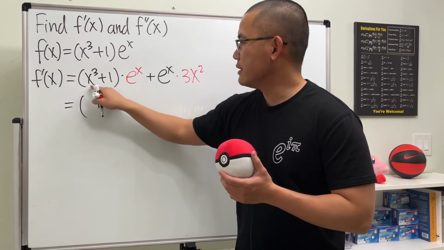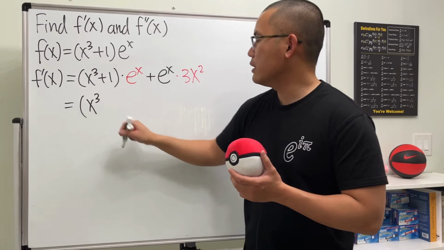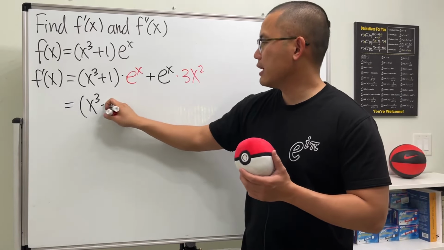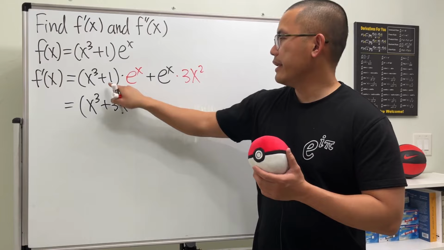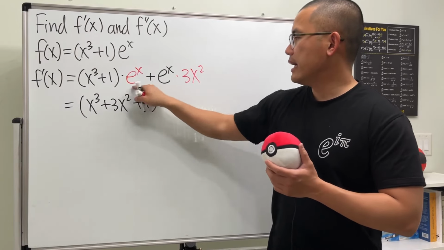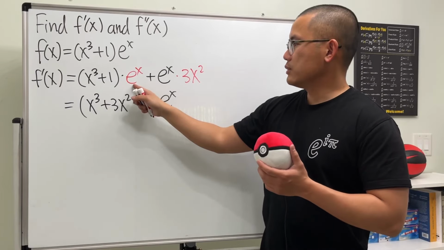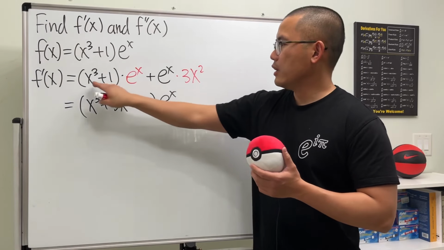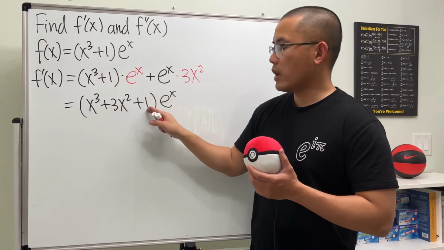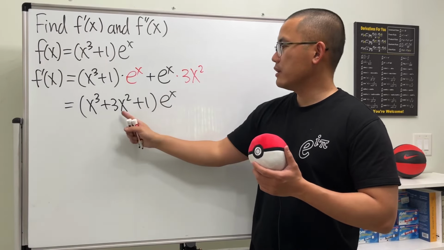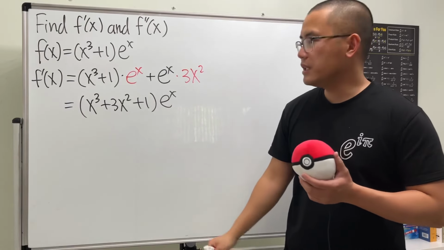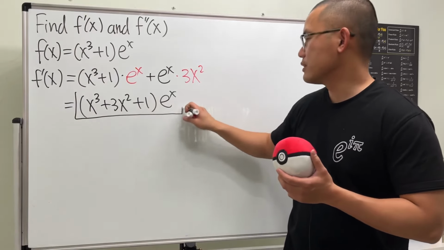So what we will have is x to the third power, plus 3x squared, and then plus 1, and then we have e to the x. So again, we factor out e to the x, and then we have the x to the third power plus 1, and don't forget this right here is that. So that's the first derivative, and that's the most that we can do.